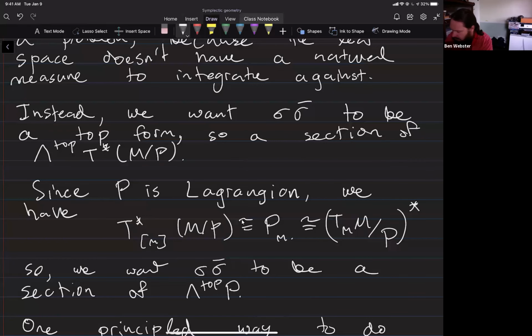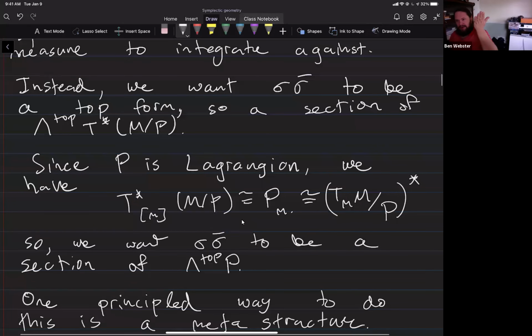All right. So actually, if we're thinking upstairs, it's maybe a little bit nicer to think that we want to get a section of the top wedge power of the polarization itself. And that will sort of give me the right thing downstairs by this Lagrangian property.